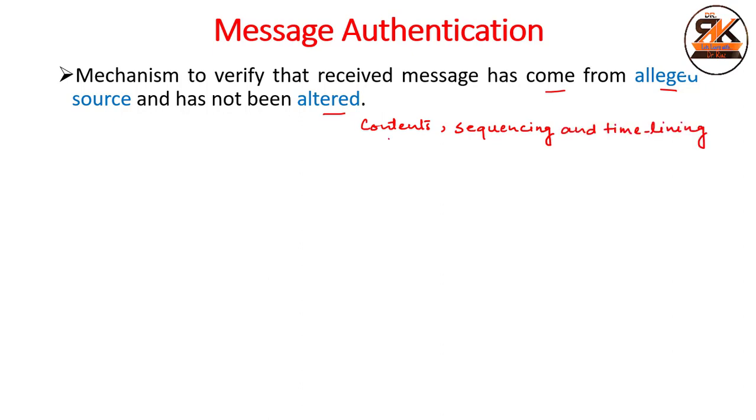These are the three things we consider while checking whether the message has been altered or not. So message authentication verifies that the received message has come from the alleged sender, which means the source from which we are expecting the message, and that it has not been altered.